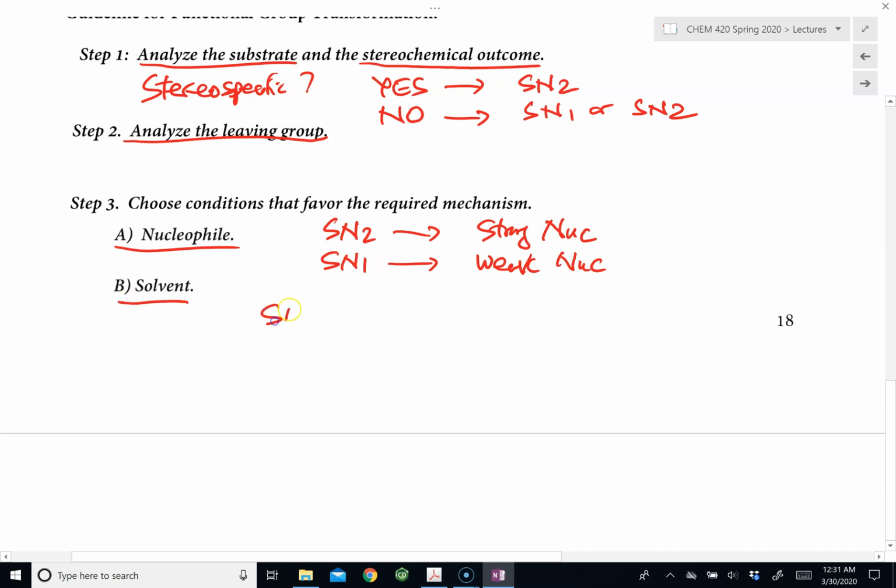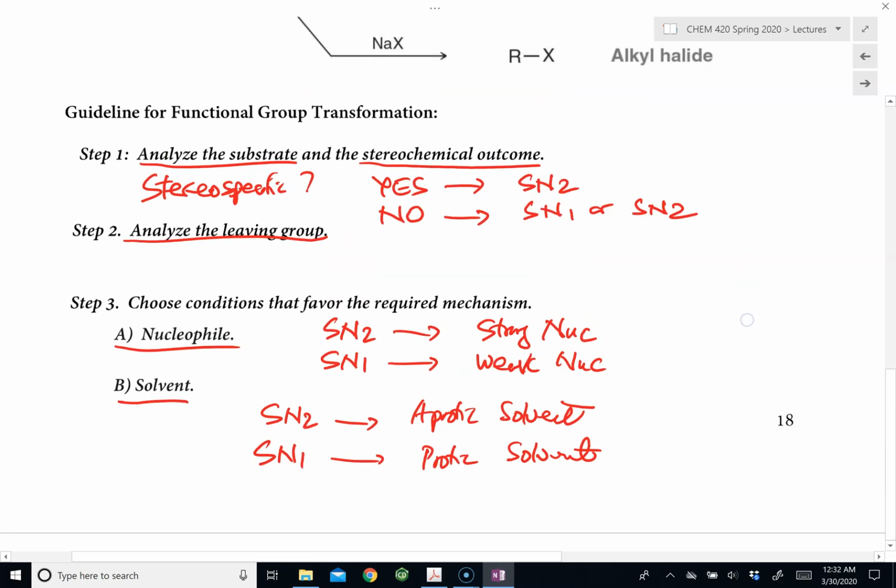If we need to do an SN2 reaction, then we will need to use an aprotic solvent. Whereas if we were to do an SN1, then we want to use a protic solvent. So these are the aspects that we need to consider in order to select the optimum condition so we can make what we want.